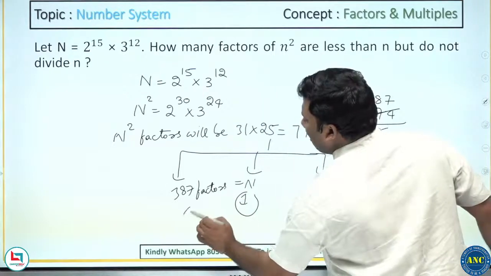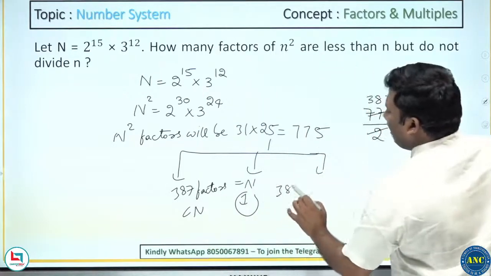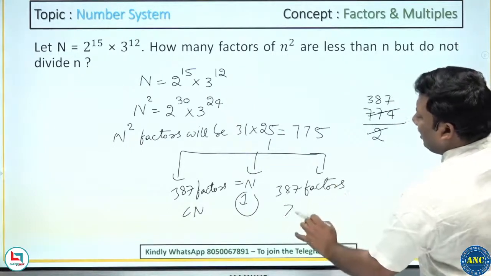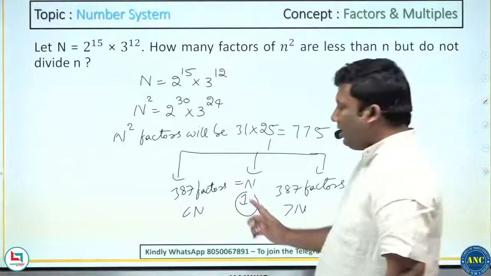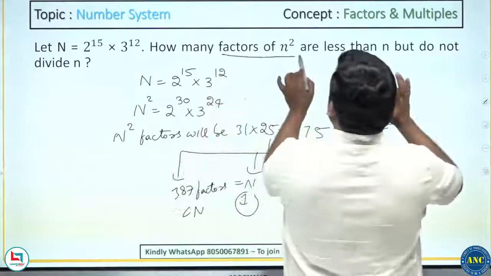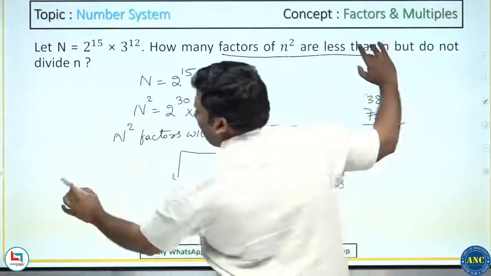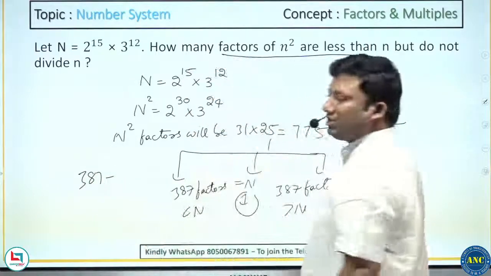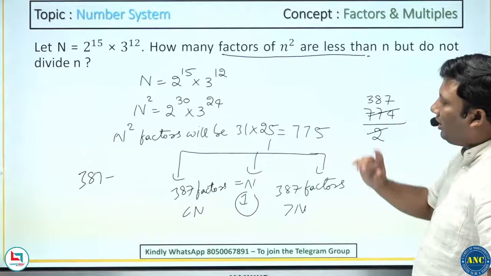Are you all with me? 387 factors are less than n, and 387 factors are greater than n. How many factors of n square are less than n? Total 387 factors are there, but do not divide n.